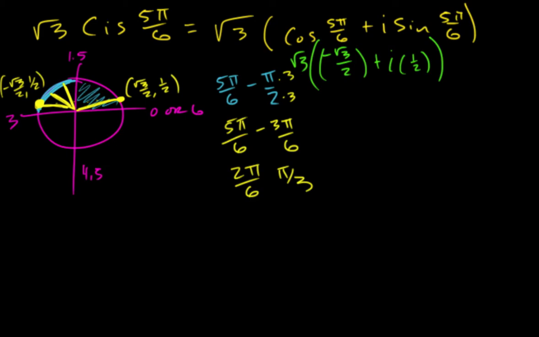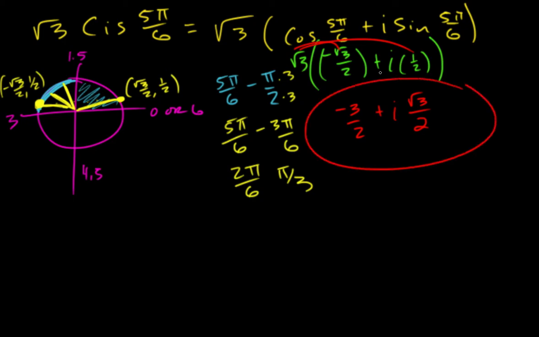Okay, now if we distribute the square root of 3 to both of these, square root of 3 times square root of 3 is just 3. Square root of 3 times 1 is going to be square root of 3, and then it's still over 2. And so this is our Cartesian form of this polar form complex number.